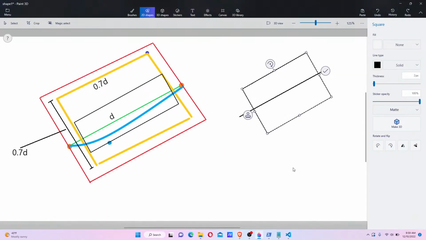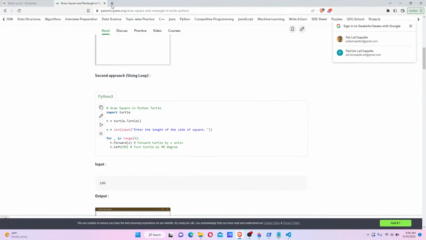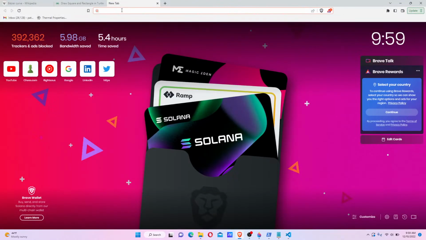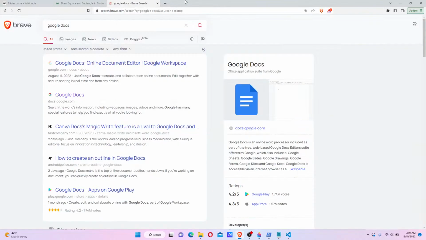Yeah, so I guess I just have to pick up and go to the corner location of the rectangle. So, I'm going to try to do some math real quick. Go to Google Docs.